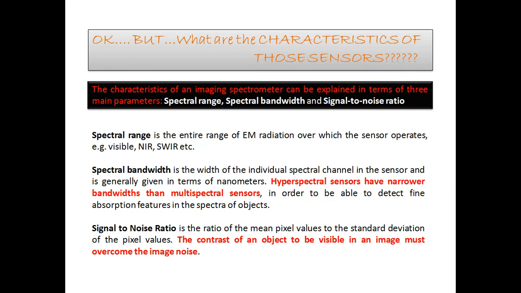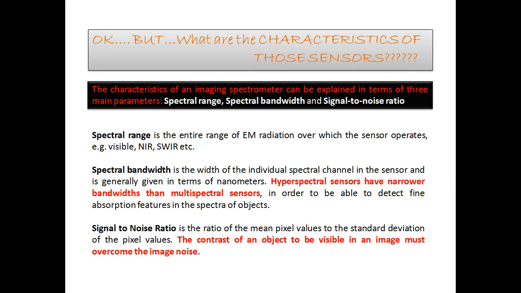In the case of the spectral bandwidth, the bandwidth is the individual spectral channel in the sensor, which is measured on the nanometer scale, and the bandwidths are much narrower than multispectral in these hyperspectral sensors. And lastly, the signal to noise ratio is so low that the image contrast gets very high, as we have said in the case of the starring or framing sensor.